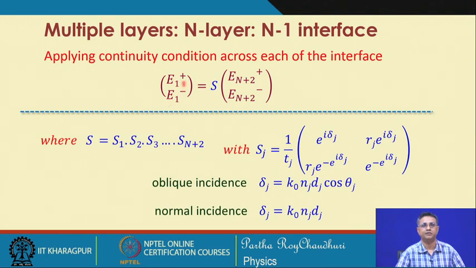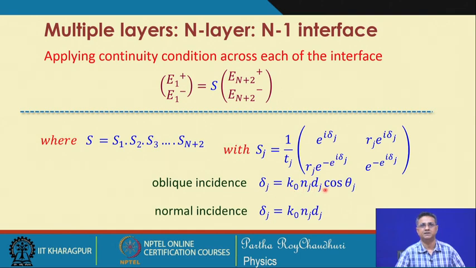The electric field in the first layer will be connected to any n plus 2th layer, where this S is a compact matrix representing the product of S 1, S 2, S 3, up to S n plus 1. For any general layer S j, we can write S j equal to 1 by T j, which we have seen, and we can write the corresponding coefficient.